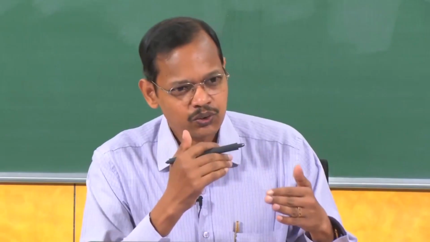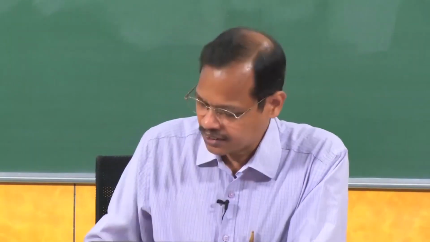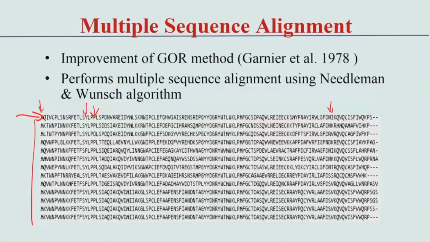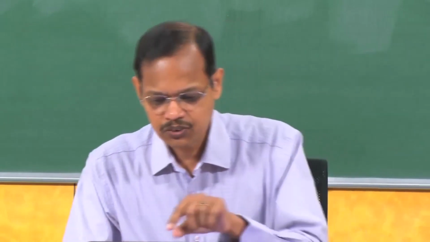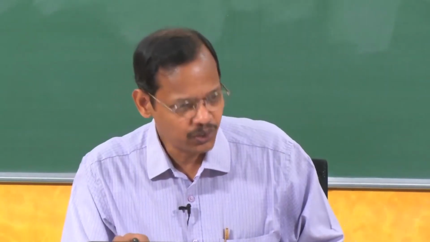Then there is another way to use a multiple sequence alignment for predicting the secondary structures. For example, if we have this multiple sequence alignment, this is unknown, and the others are known. That means you search your own sequence with BLAST against the data set of PDB sequences, the known structure sequences, and if you can do this alignment, the first one is unknown and for all the other sequences we know the secondary structures.